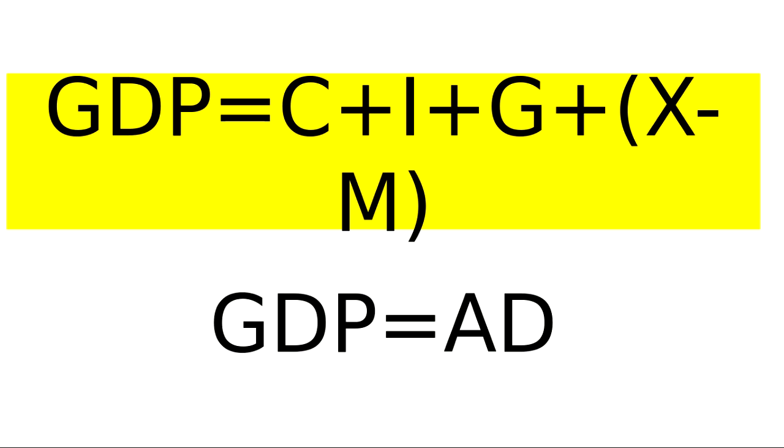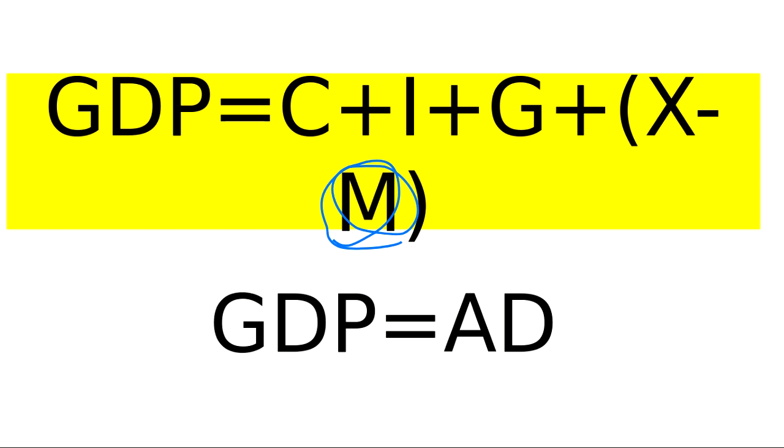I'm going to get a Japanese car instead of an American car. Well, where did the money go? The money went to Japan, not to the United States, right? So for the United States, that's going to be a decrease in my GDP. It's going to be a decrease in aggregate demand.